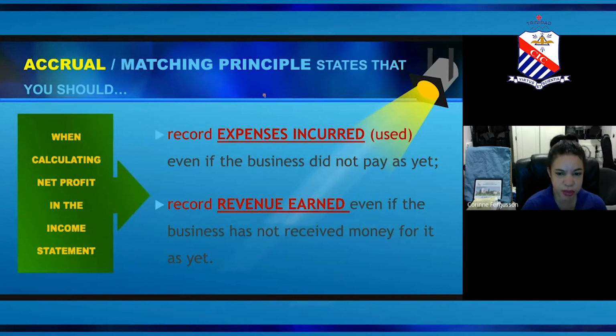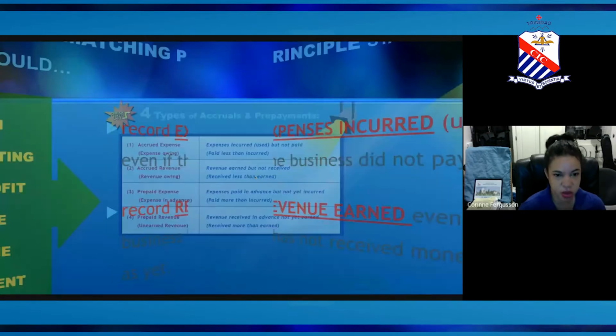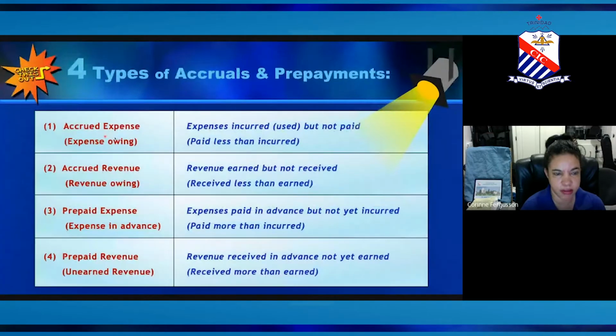For accruals and prepayments, therefore, there would be an accrued expense and a prepaid expense, and an accrued revenue and a prepaid revenue, which equals the 4. Accrued expense, accrued revenue, prepaid expense, prepaid revenue.